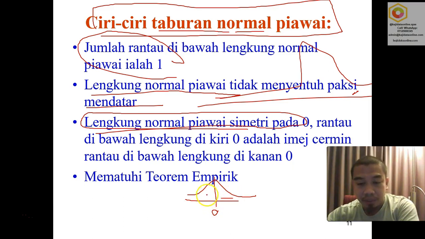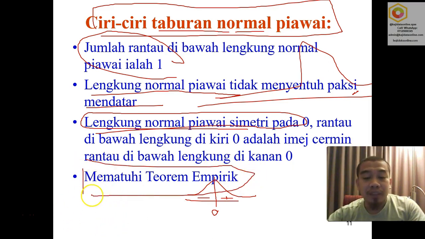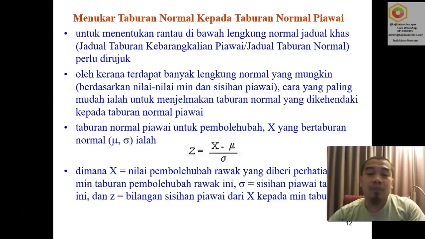It will be the same on the left side and on the right side. So these are the characteristics of the standard normal tabulation, which we call taburan normal piawai. It meets the empirical theorem in data analysis.